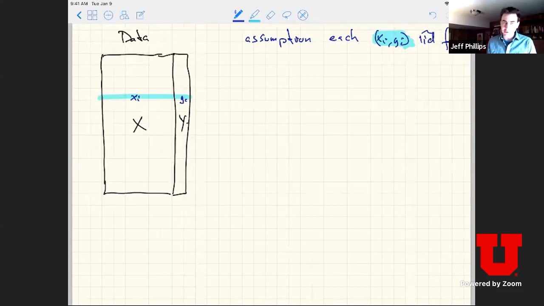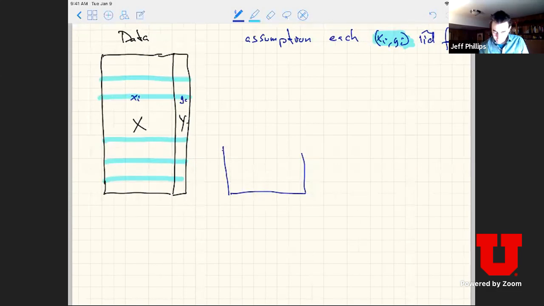What we'd like to do is take some of this data and hold it out as a test set. We're going to randomly sample some of these rows, and put them down here as the test set, X test and Y test.